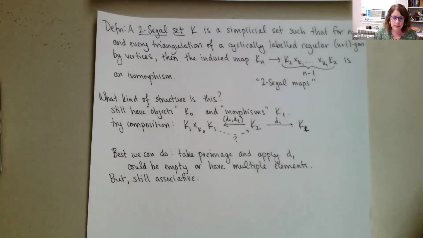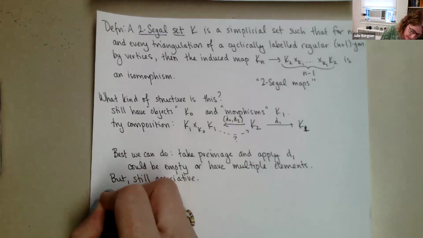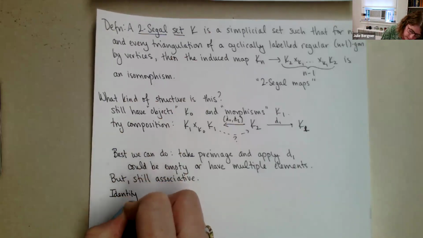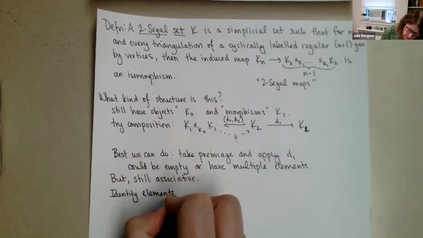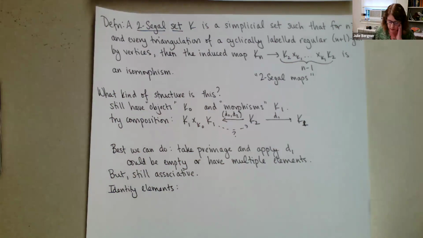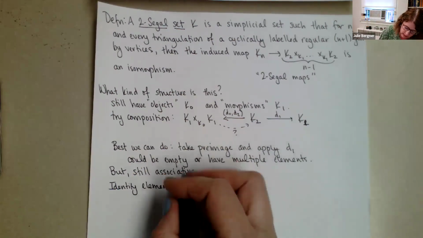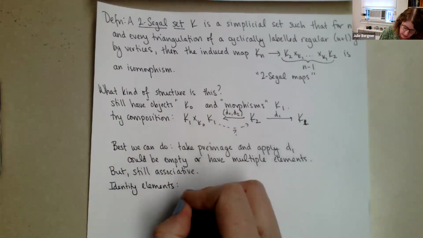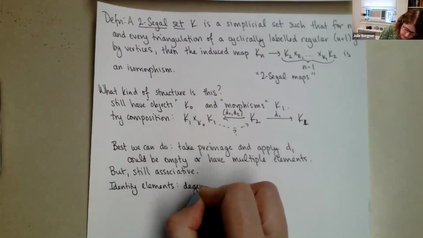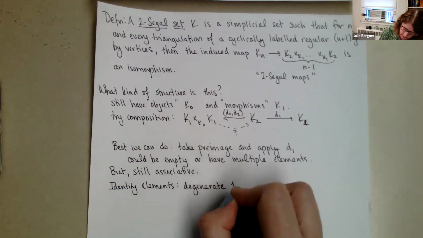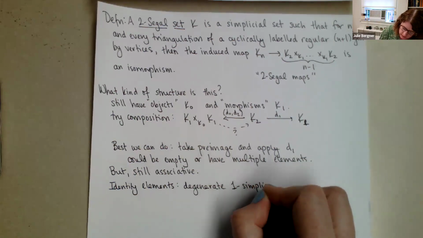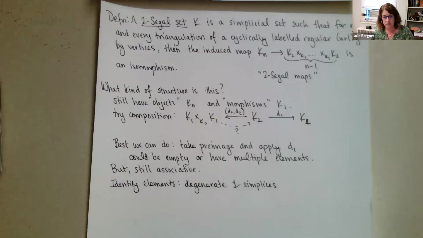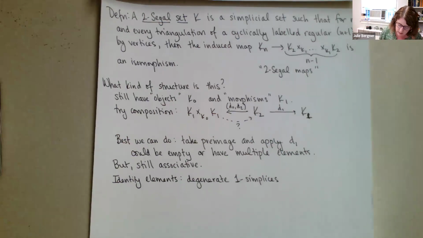Now, the other thing, I didn't say anything about this before. The other thing you need in a category is having identity elements. What you think of as your identity elements, this always makes sense, is just the degenerate one simplices, the things that arise as images of degeneracy maps from 0 simplices.